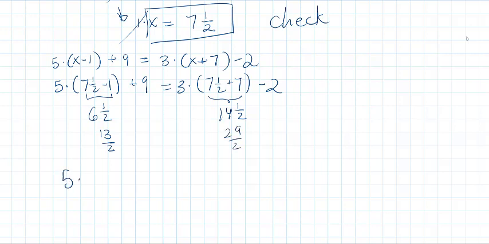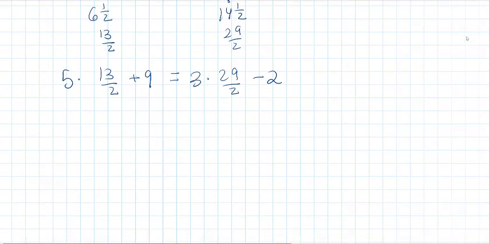We have 5 times 13 halves plus 9 equals 3 times 29 halves minus 2. Okay, so we know how to do this as well. So let's write this out. 5 times 13 is 65 halves plus 9. How many? That is 18 halves, right? We're writing it all out as improper fractions.